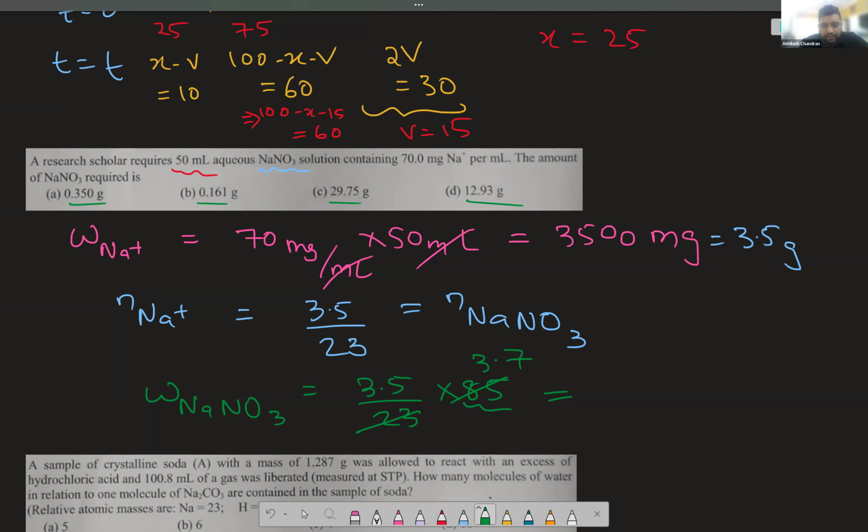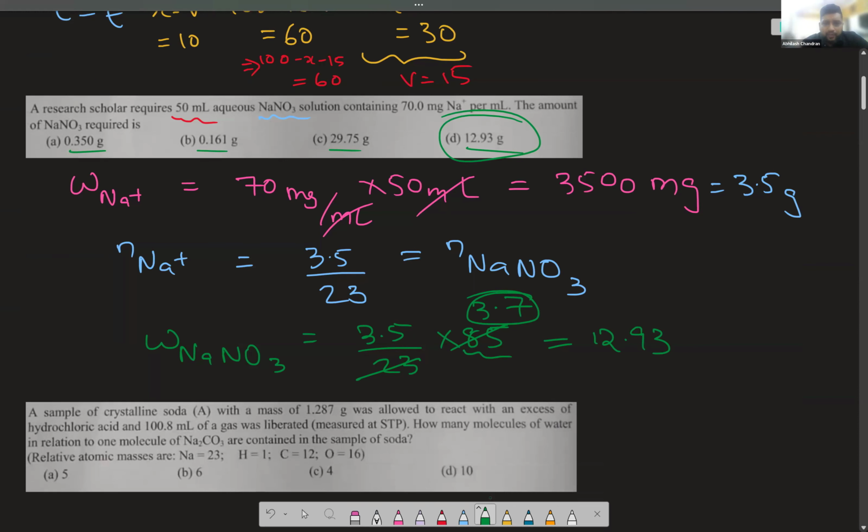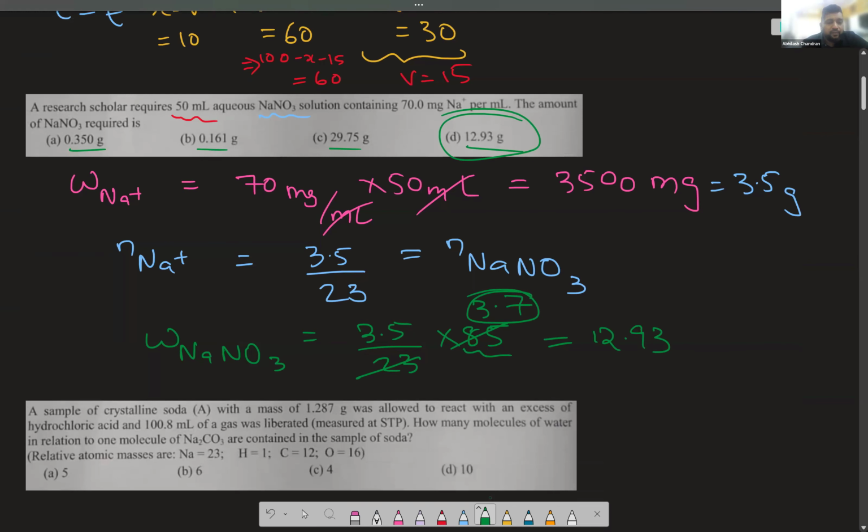So this 3.5 into 3.7, obviously both of these numbers are less than 4, so it should be less than 16. And I can see a 12.93 here, which is the only answer in this range. So I'm going to assume that this is probably 12.93. Obviously not 3.5 into 3.7. If you do the exact calculation, I'm guessing you're going to get 12.93, around 13, right?